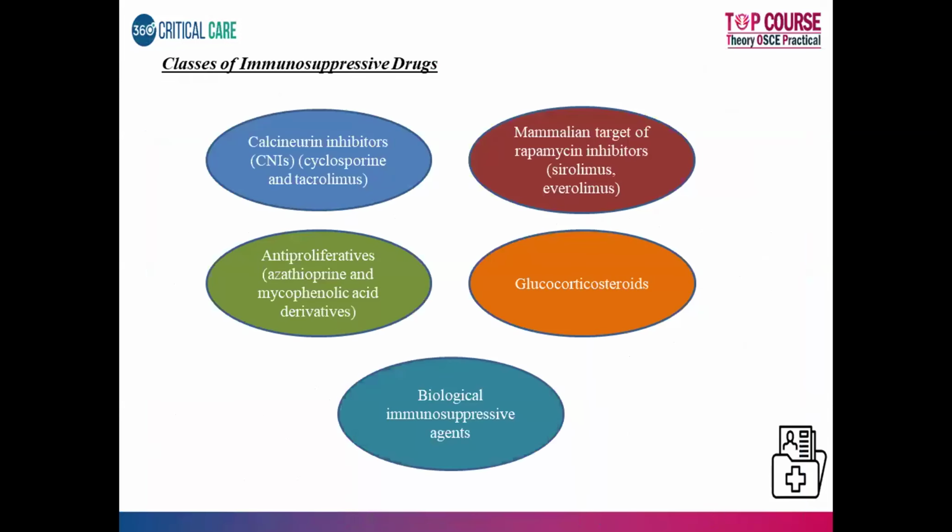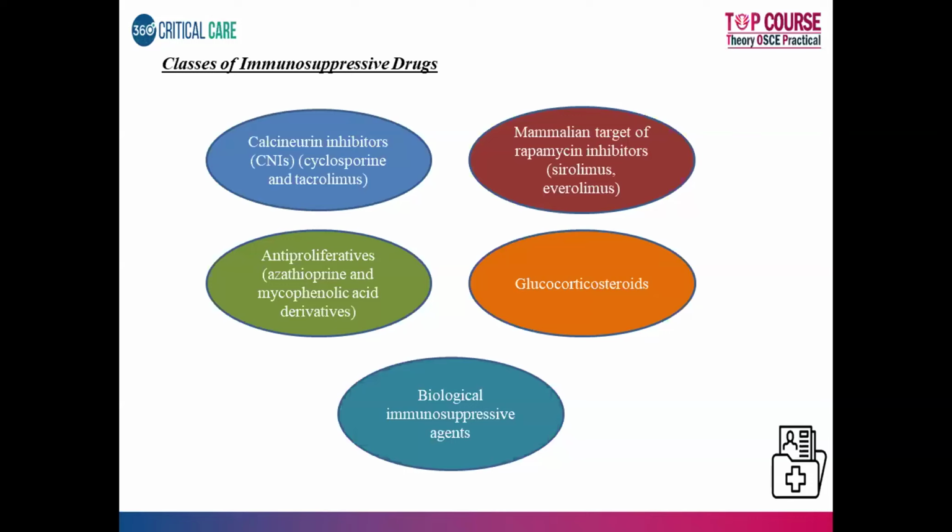Now coming to the classes of immunosuppressive drugs. There are 5 classes. The first, and the most common which we use, is the calcineurin inhibitors, which include either cyclosporin or tacrolimus. In kidney patients, we usually use tacrolimus. The second one is the mammalian target of rapamycin inhibitors. Those are sirolimus and everolimus.